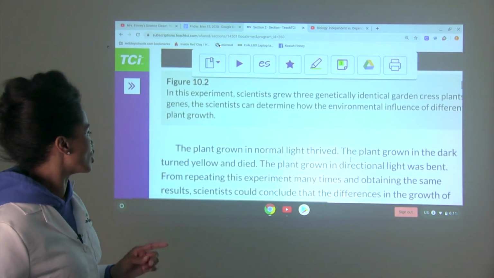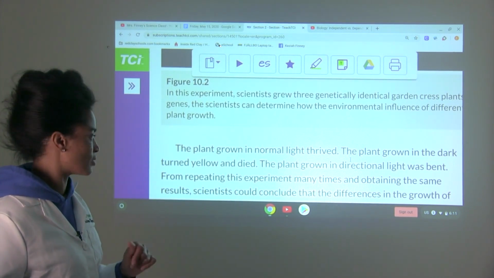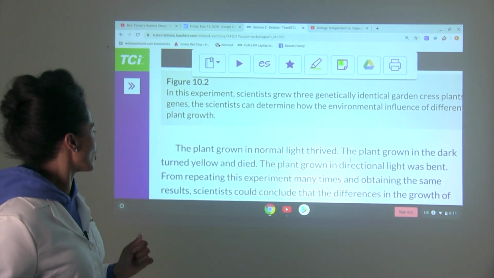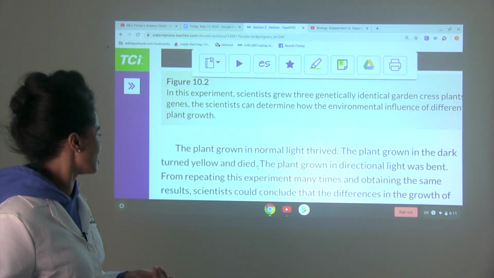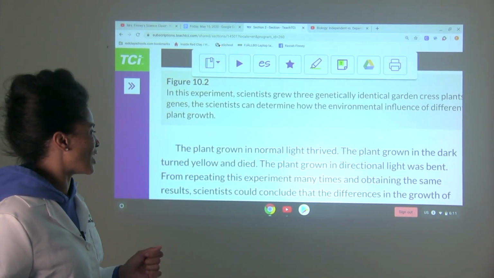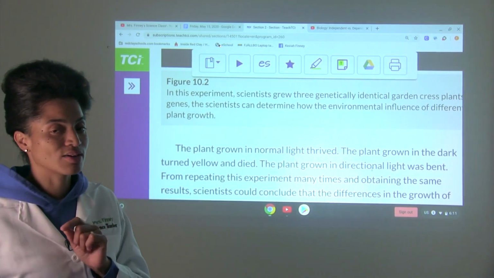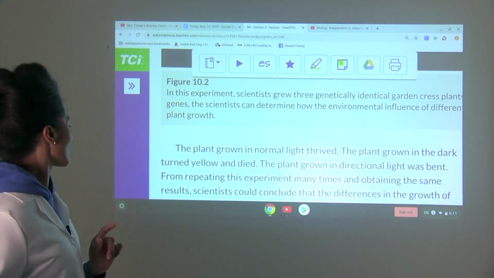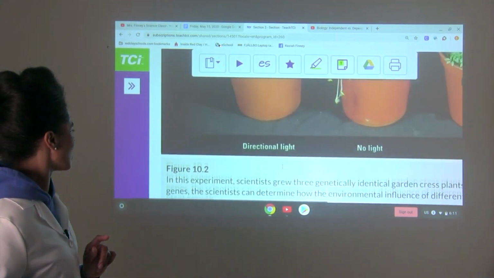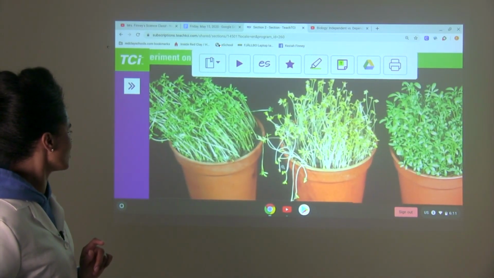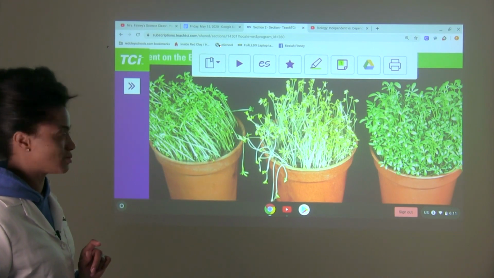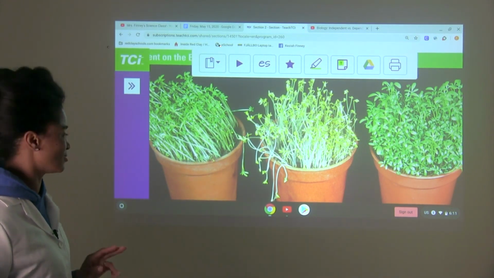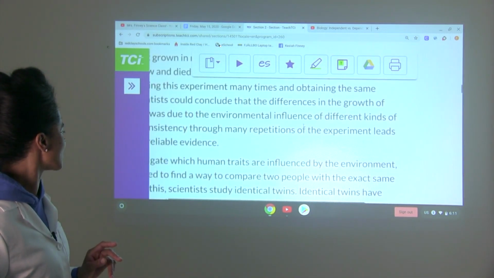So the plant grown in normal light thrived. The plant grown in the dark turned yellow and died. The plant grown in directional light was bent. Okay, so I want you to take a look back here. Normal light, no light, directional light. Okay, made a difference.